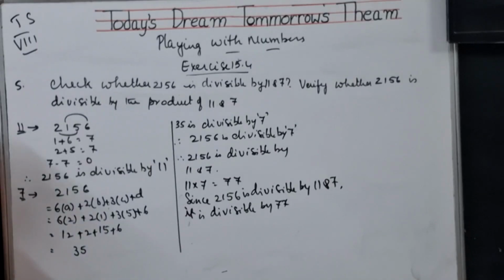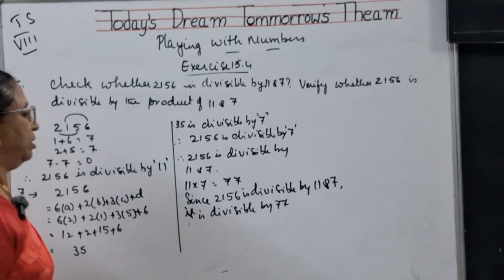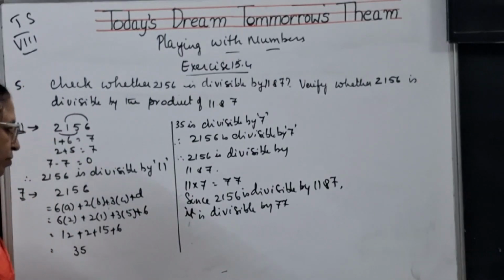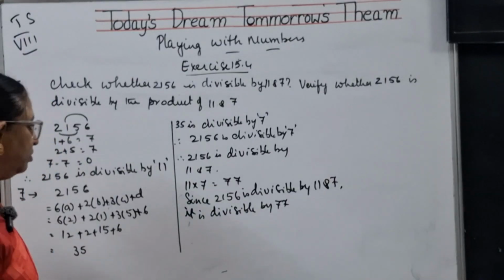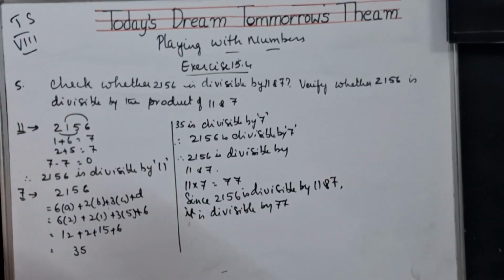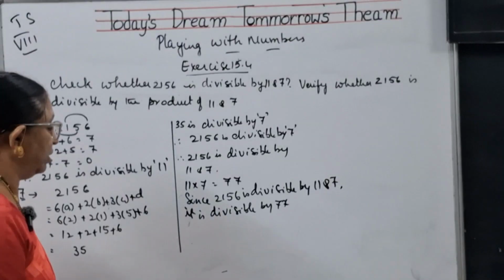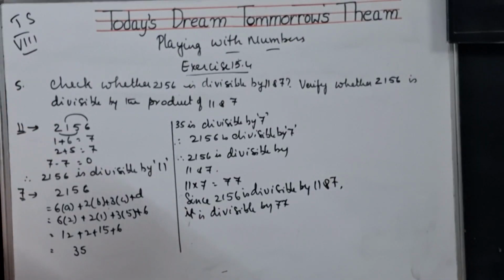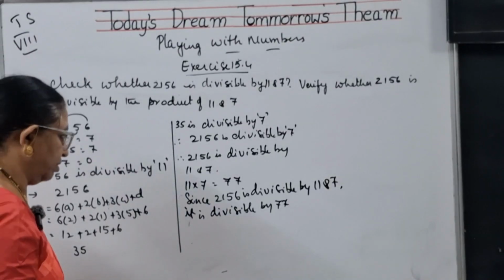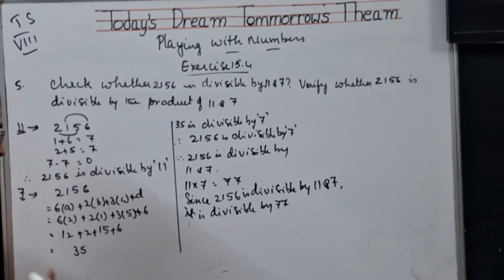Whatever value you get should be divisible by 7. We got 35, and 35 is divisible by 7. So 2156 is divisible by 7, and hence by both 11 and 7. Now they are asking about the product of 11 and 7, which is 77. Since 2156 is divisible by 11 and 7, it is also divisible by 77. Please note it down.